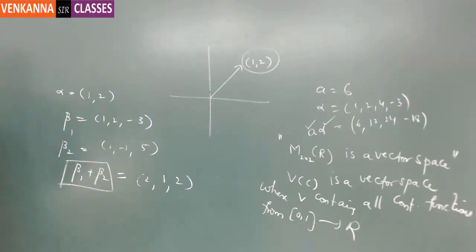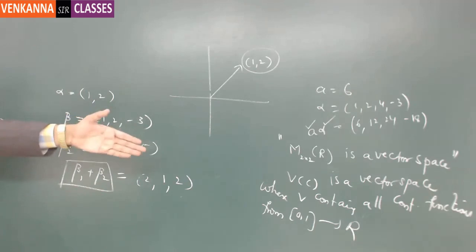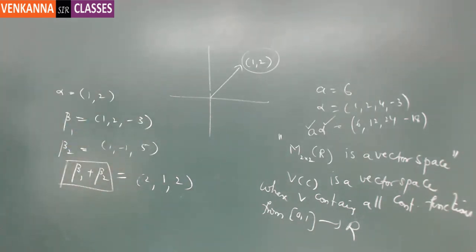So scalars are nothing but complex numbers. And in the set V, I am taking all continuous functions from the closed interval 0, 1 to R. Usually, while dealing with vector space problems, we stick to the discussion only with the vectors of numbers concept. Occasionally, we do some problems based on matrices, functions, polynomials, etc. So this is the context of vector spaces, the definition part. Is that clear, or do you have any confusion with regard to the definition?